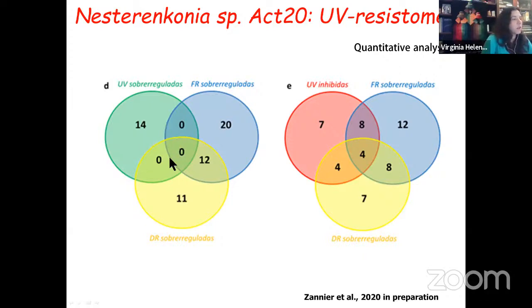So they were not upregulated in photo repair or in dark repair. The ones that were inhibited or downregulated in UV, some of them are upregulated in photo repair and upregulated in dark repair. It's a little bit complex, but what we are trying to figure out is how all these proteins are switching on and switching off in these complex conditions.